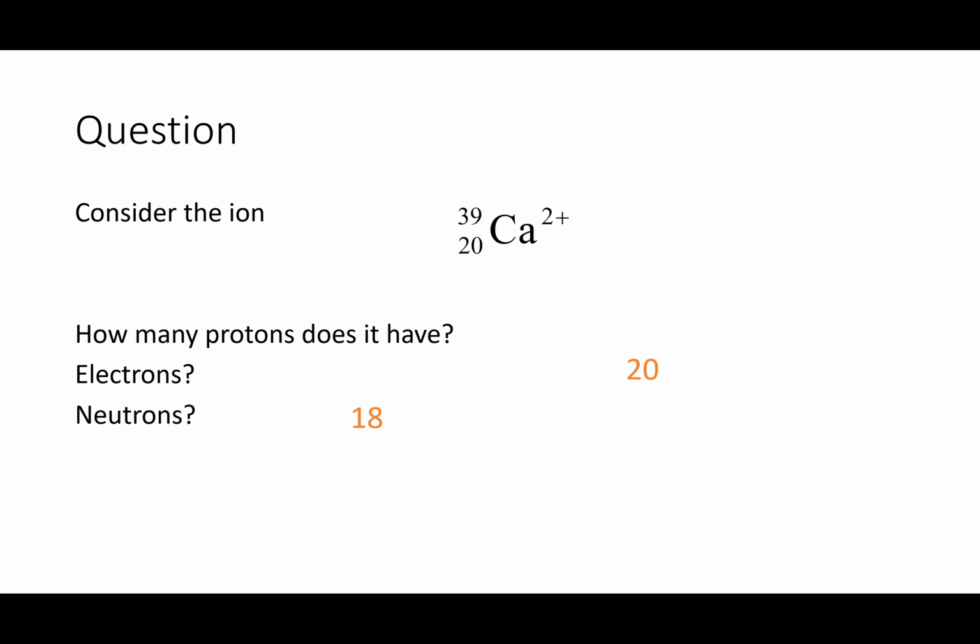Yep. It had 20 electrons as a normal calcium atom, and it subtracted 2 electrons, and now it runs around with a +2 charge, and it has only 18 electrons. Whereas my things look off, so the 18 goes with electrons. How did we get 19 neutrons? What do you think?